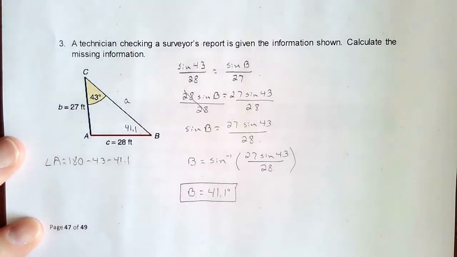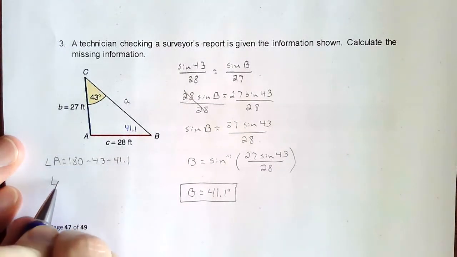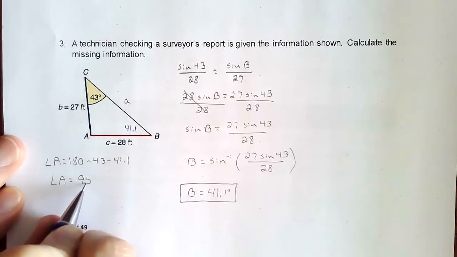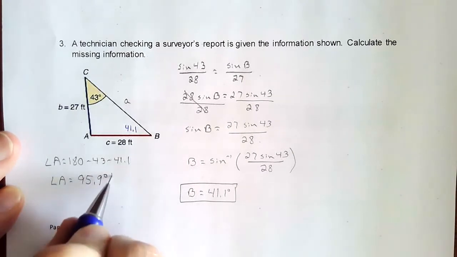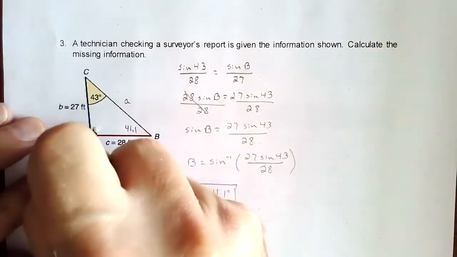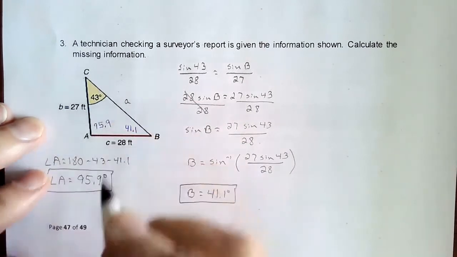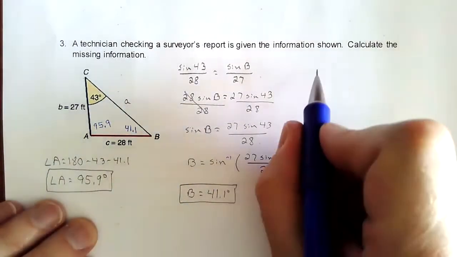If I throw that into a calculator, that's going to get me 95.9 degrees. All right, so the last piece of information I have left is this side across from it.